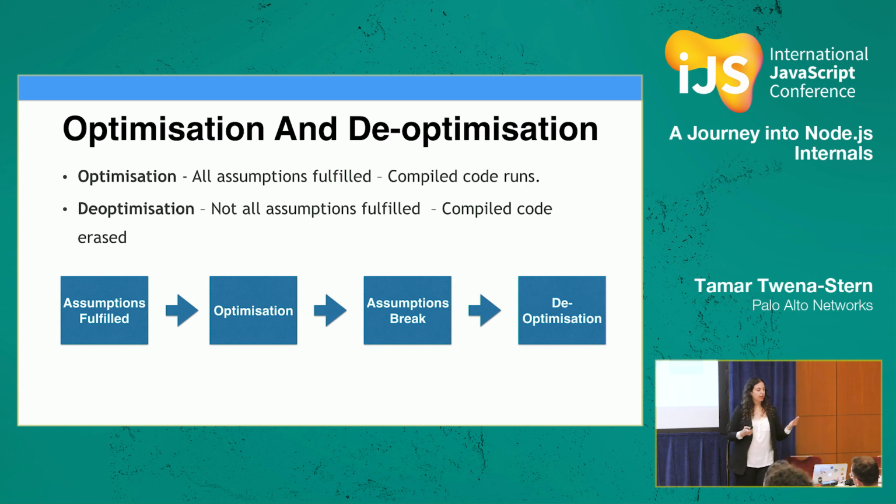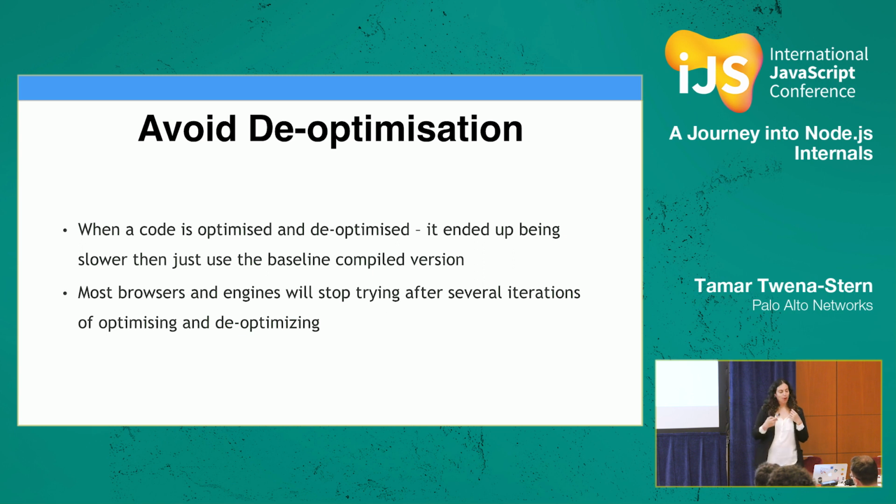If one of those assumptions is broken, then that process is called de-optimization. What I want to tell you is to never do de-optimization, because when you do, your code won't be optimized again, and it can cause massive time differences like you've seen in the demo. De-optimization is one of the worst things that you can do.